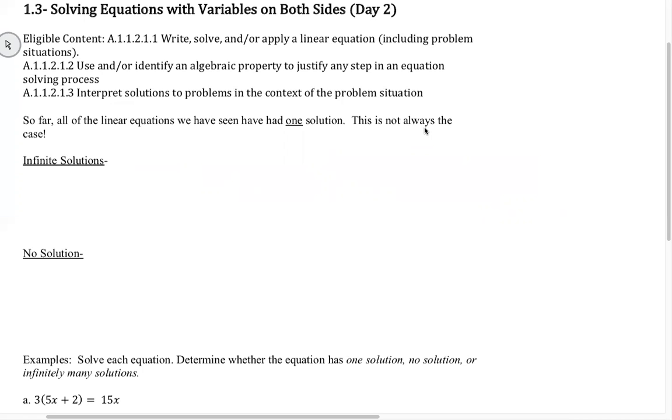But infinite solutions is when you get a true statement. Now, what do I mean by a true statement? Basically, no matter what I put in, it will always balance out.